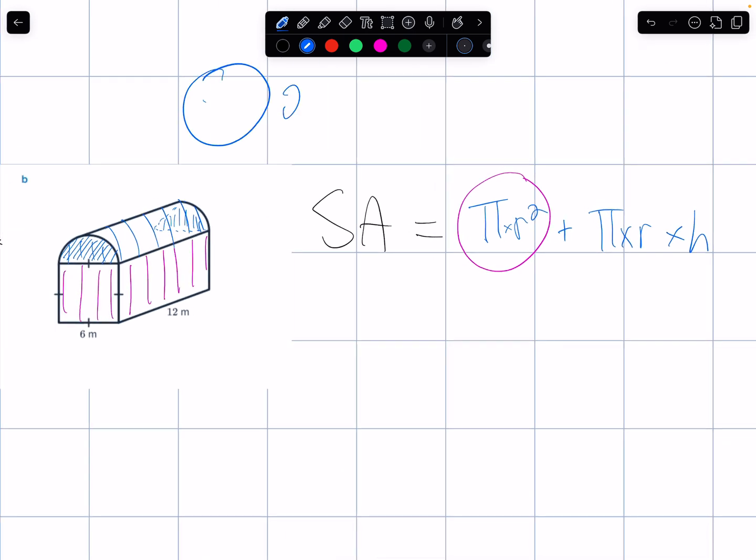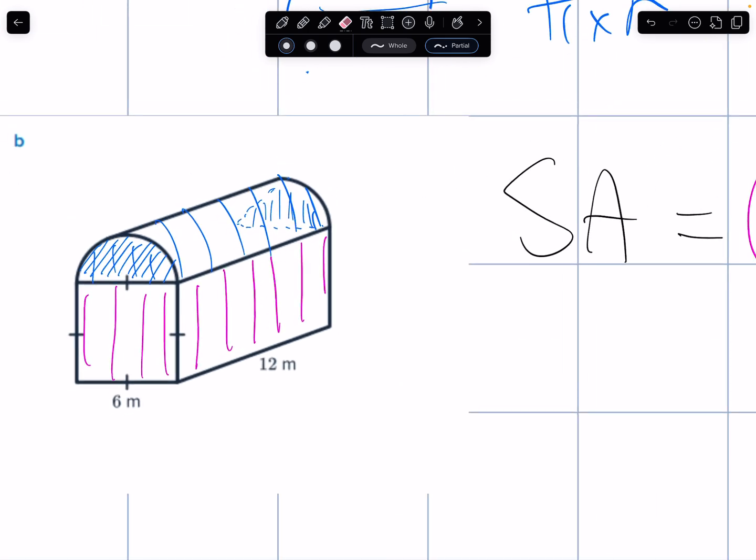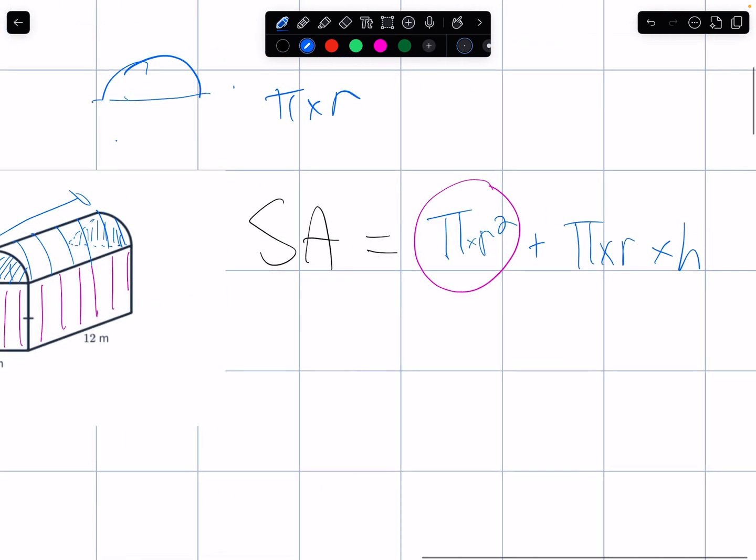The perimeter of a circle is 2 times pi times r. So half the perimeter is pi times r. All right, and we're dragging that perimeter along the length here, which is 12 meters. So it is pi times r times the height, which is 12.